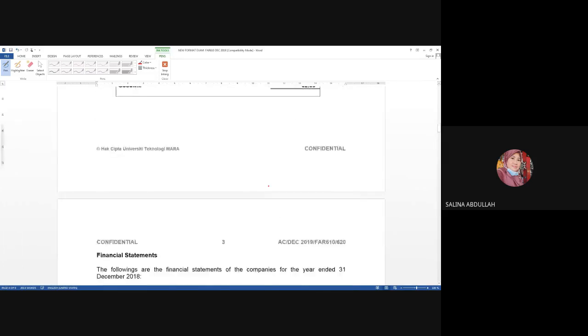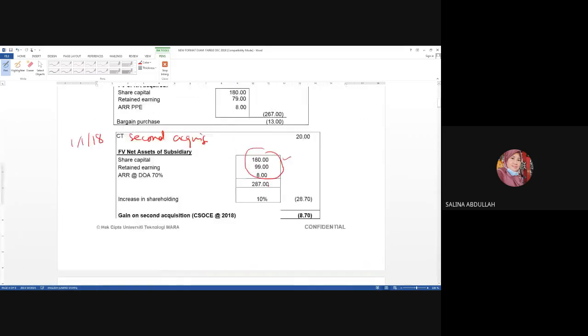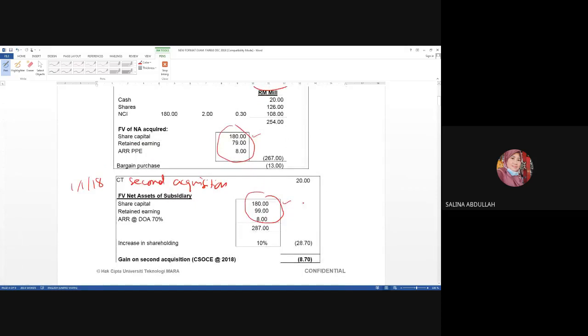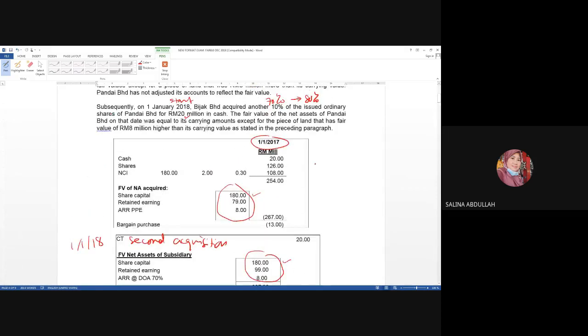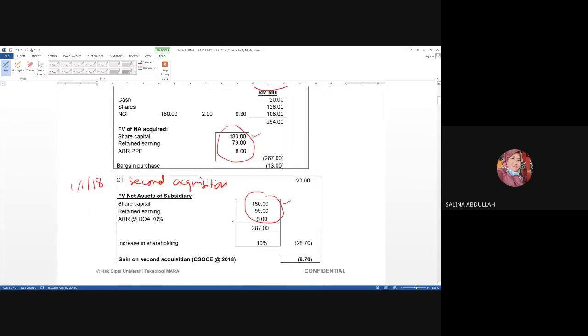So ordinary share capital is 180, retained profit 99, and then the revaluation just now given 8 million higher. So this is the fair value of net assets of the subsidiary on the second acquisition. You can get 287, you times that with 10%, the increase in shareholding, and you will get a gain when CT is less than fair value.